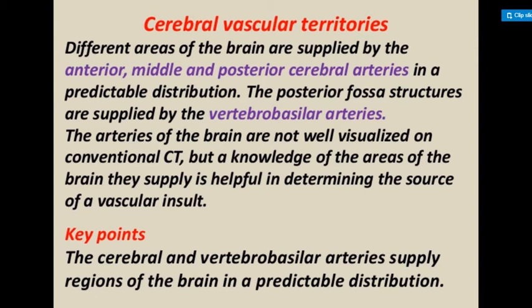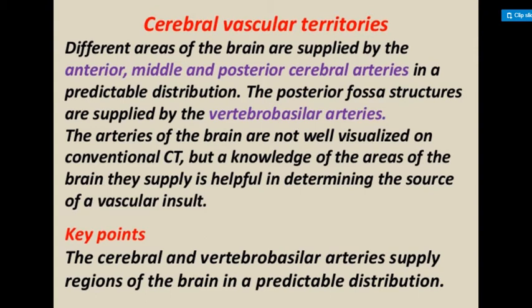Now, cerebral vascular territories. Different areas of the brain are supplied by the anterior, middle, and posterior cerebral arteries, as was discussed in the previous lecture, in a predictable distribution. The posterior fossa structures are supplied by the vertebrobasilar arteries.